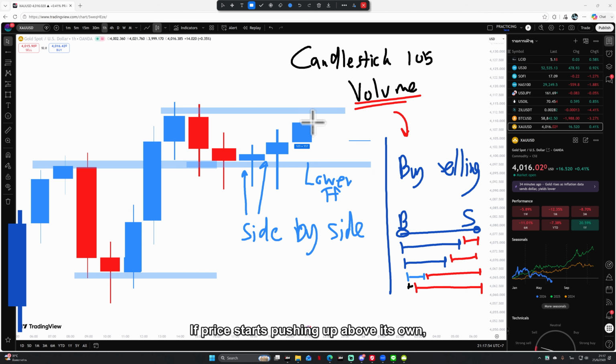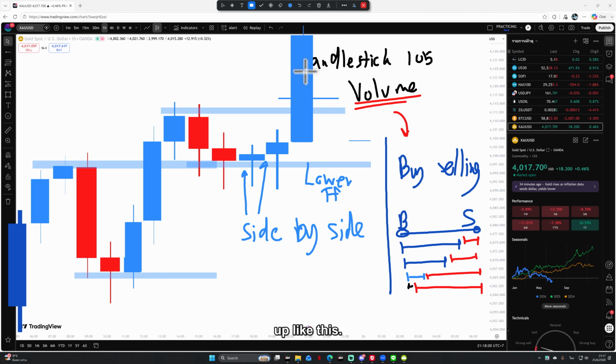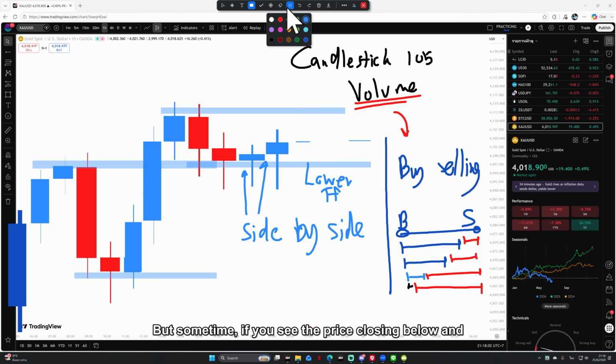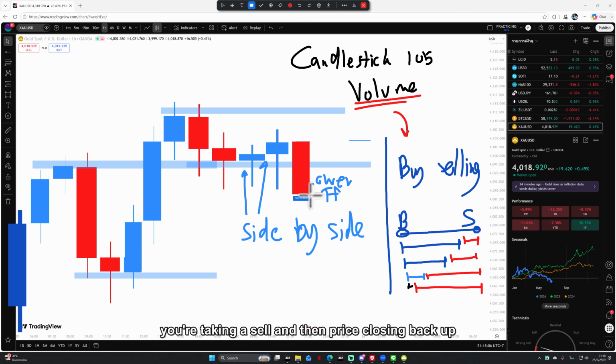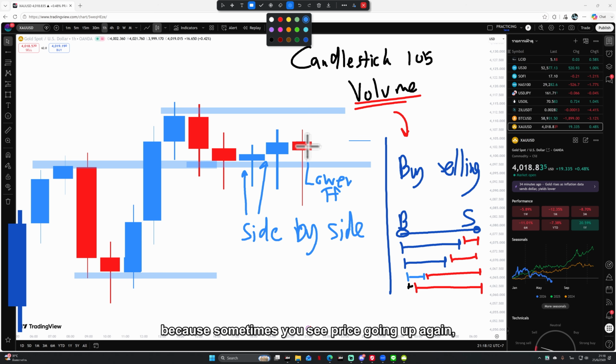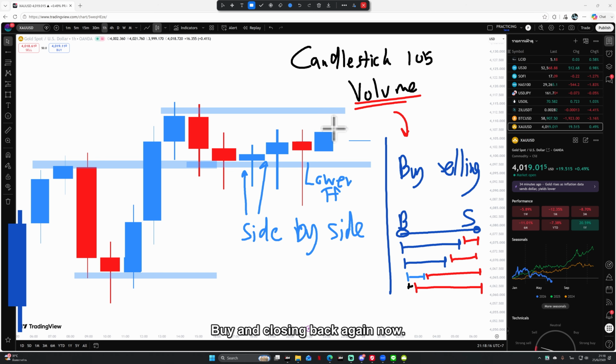If price starts to push up above the zone, you can take a buy here, anticipating the price to go up like this. But sometimes you see the price closing below and you take a sell, and then price closes back up. Now this is the moment that you have to be aware, because sometimes you see price going up again, you take a buy, and it closes back again.